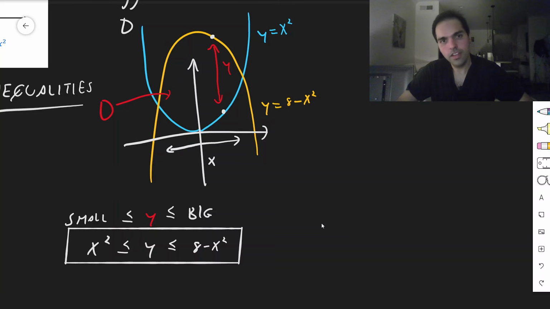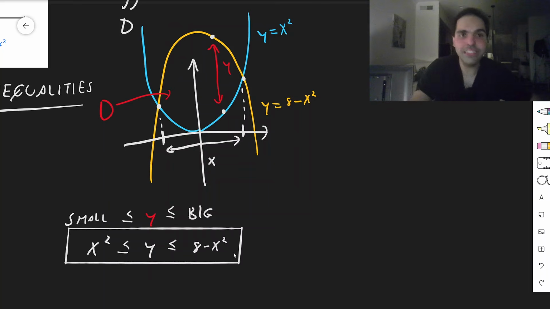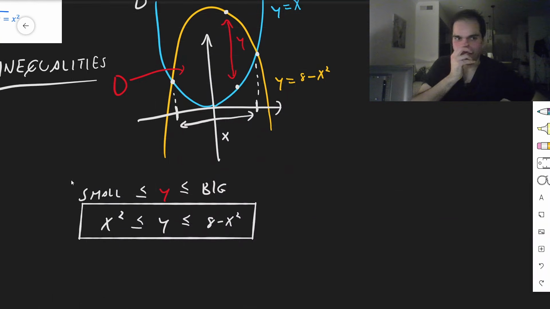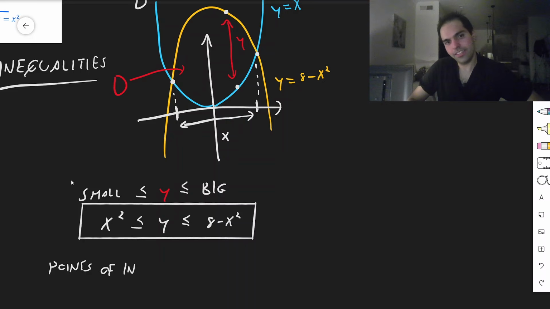Well, notice, if you look at this carefully, x is trapped between the two endpoints, because the leftmost endpoint gives you the left bound, and the rightmost endpoint gives you the right bound. And so, for this now, let's find the points of intersection.